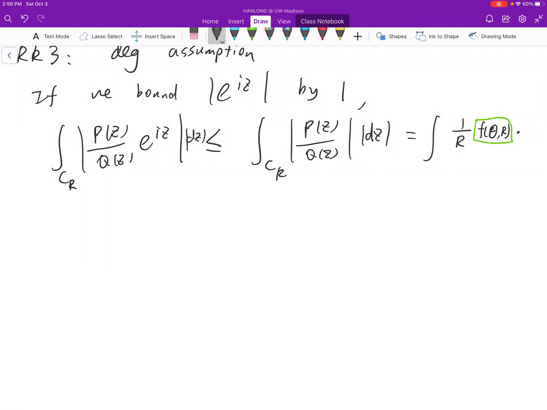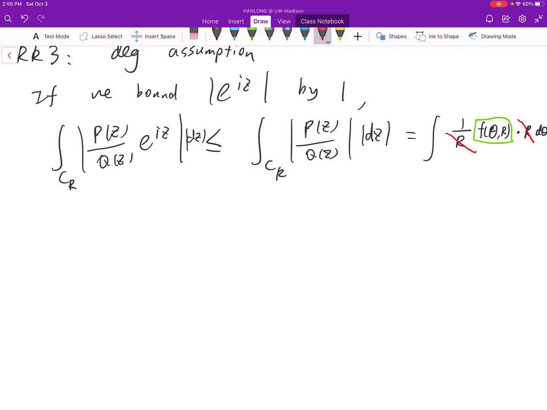And from the dz, you have actually r d theta. So here the fatal fact is that r cancels out with r.